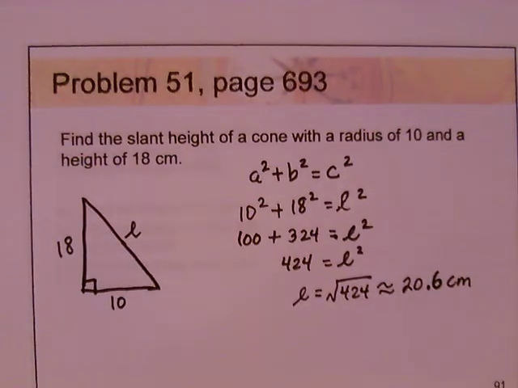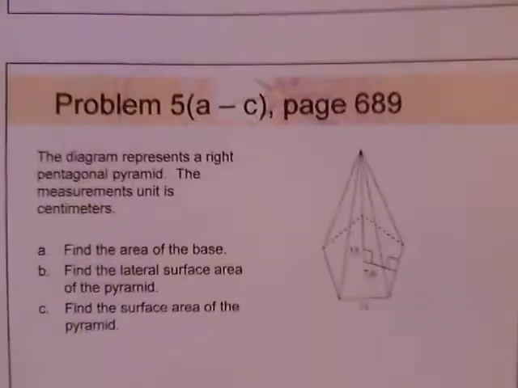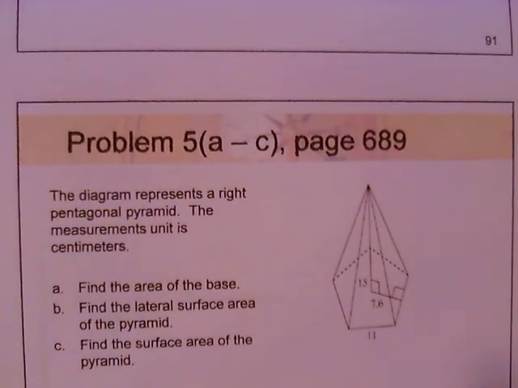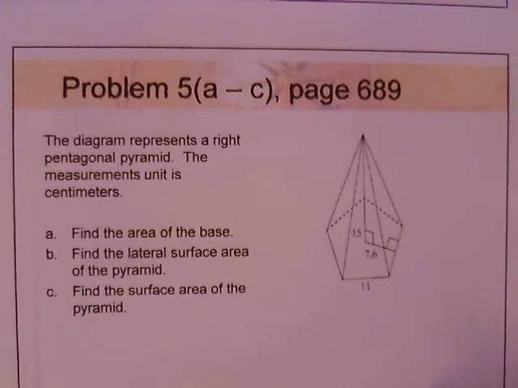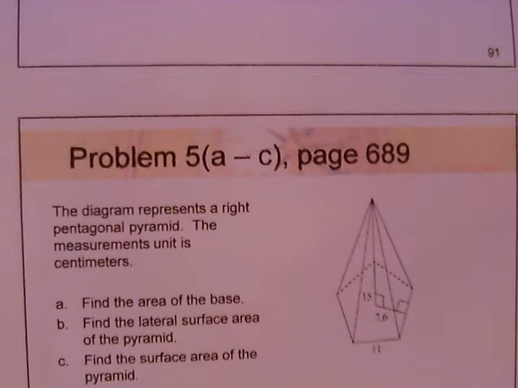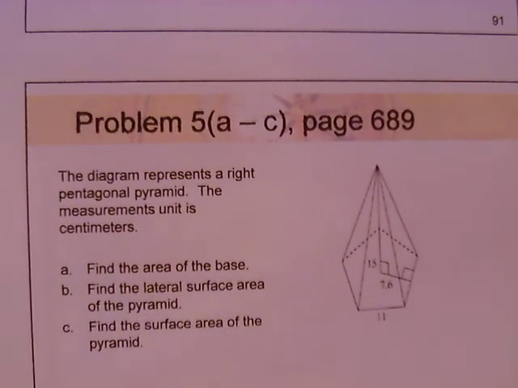Now, problems 5A through C. Because in the last video when we were dealing with volume, I've done part D. So now we're going to do parts A through C. The diagram represents a right pentagonal pyramid.